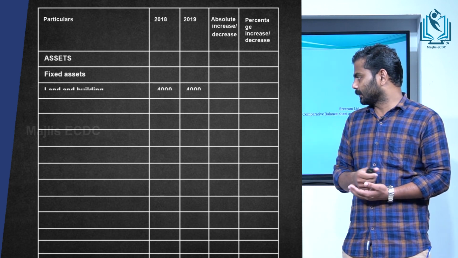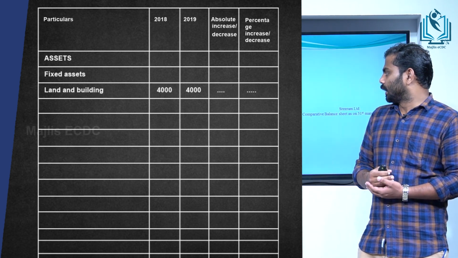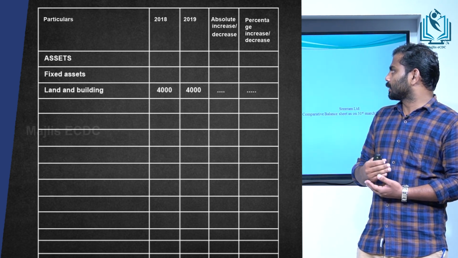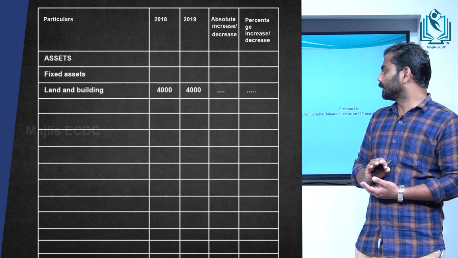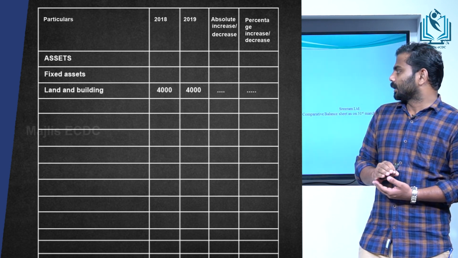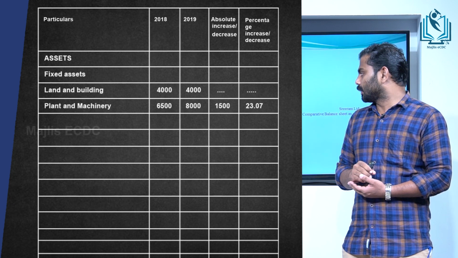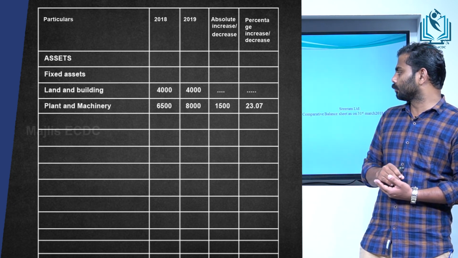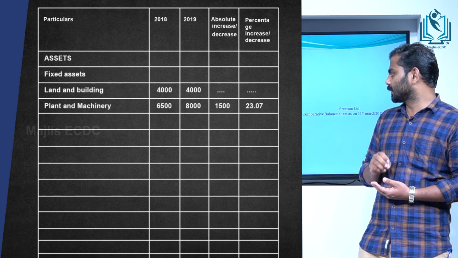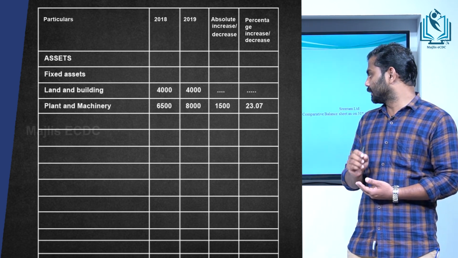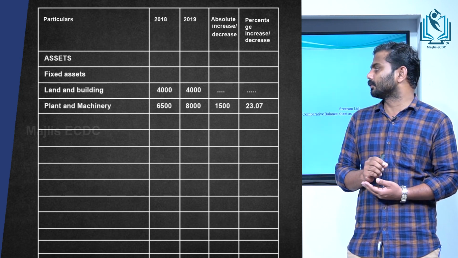Firstly, fixed asset, land and building 4,000 in 2018 and 4,000 in 2019. There is no increase, no decrease, no percentage. Then plant and machinery in 2018 6,500 and 2019 rupees 8,000. Absolute increase is 1,500. The percentage of increase is 23.07%.